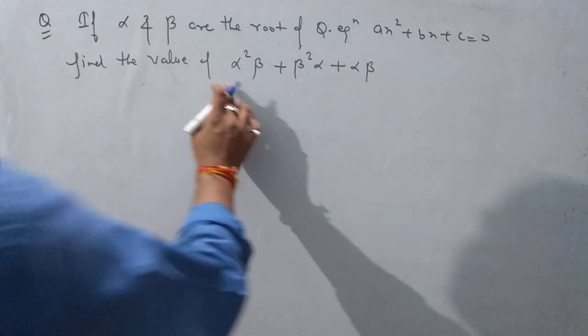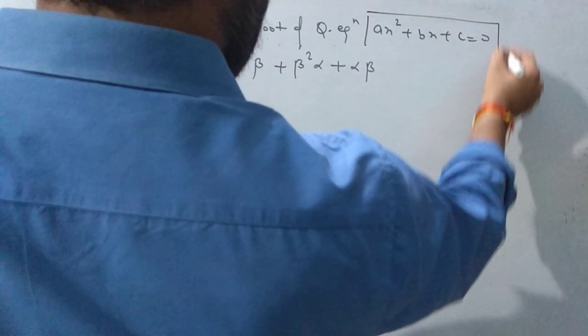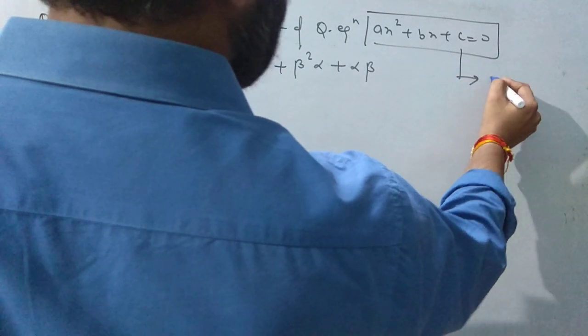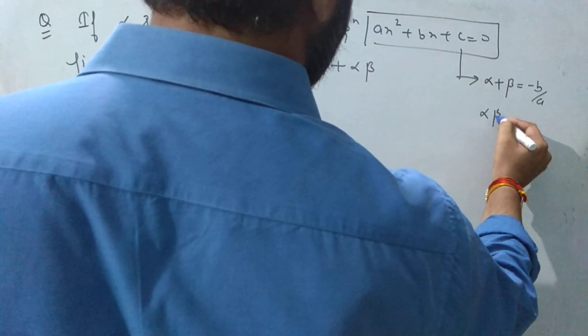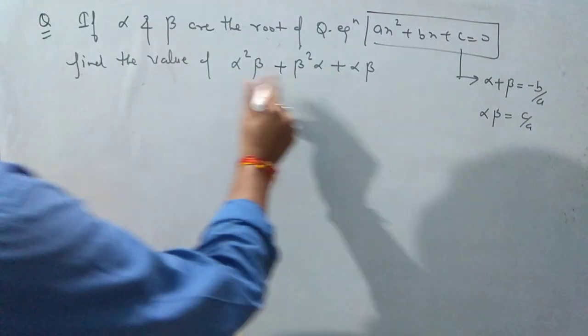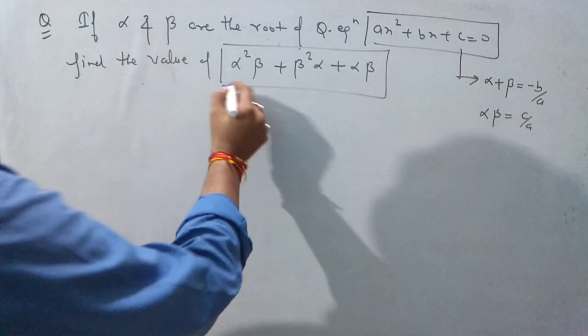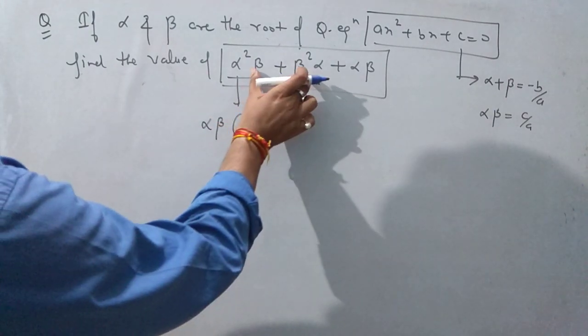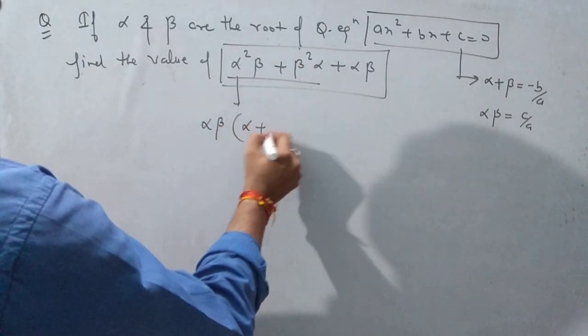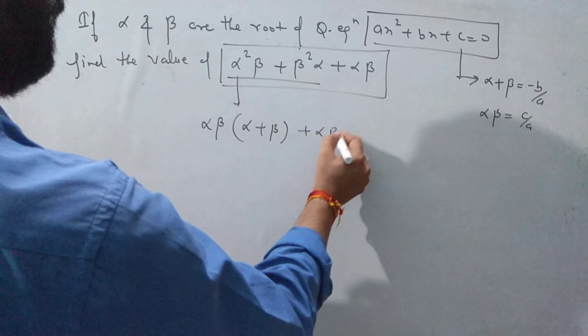In this case, a quadratic equation is given. With its help, first we find the sum. As you know, the sum is minus b by a and the product is c by a. Now we want the value of this. Take alpha beta common in these two terms, so it becomes alpha beta times alpha plus beta, plus alpha beta.